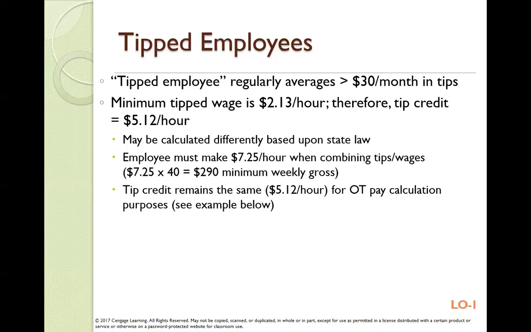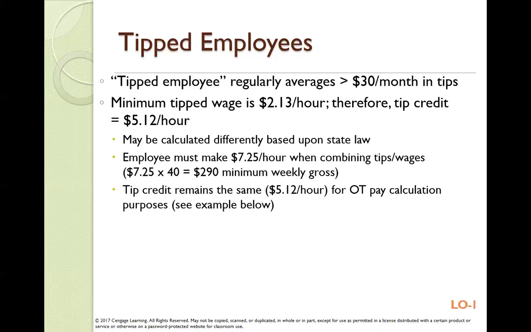So what happens is employees that are getting tipped and making $2.13 an hour are reporting to their employer how much they earned in cash tips. And if they work 40 hours a week, as it says here, an employee must make $7.25 an hour when combining tips and wages.